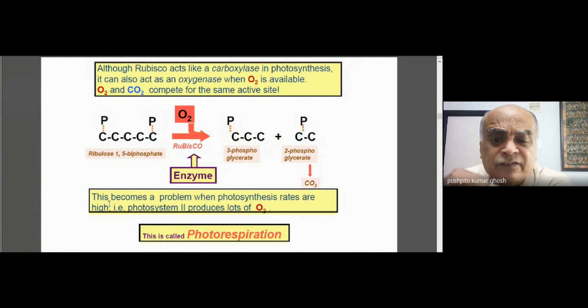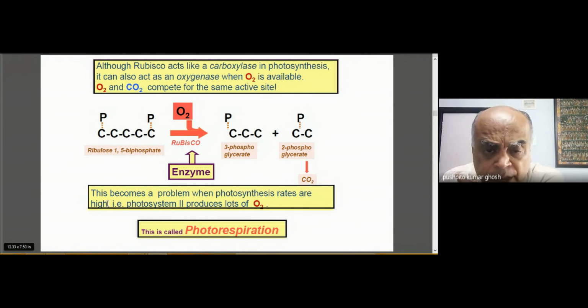And this is what could happen if, for example, in the photosystem II, a lot of oxygen is being generated, and if the barrier between that oxygen and the stroma where the dark reaction is taking place is not good enough, then quite a bit of oxygen can get into the dark reaction side, and then these kinds of complications will occur, and it will be detrimental to the photosynthesis.